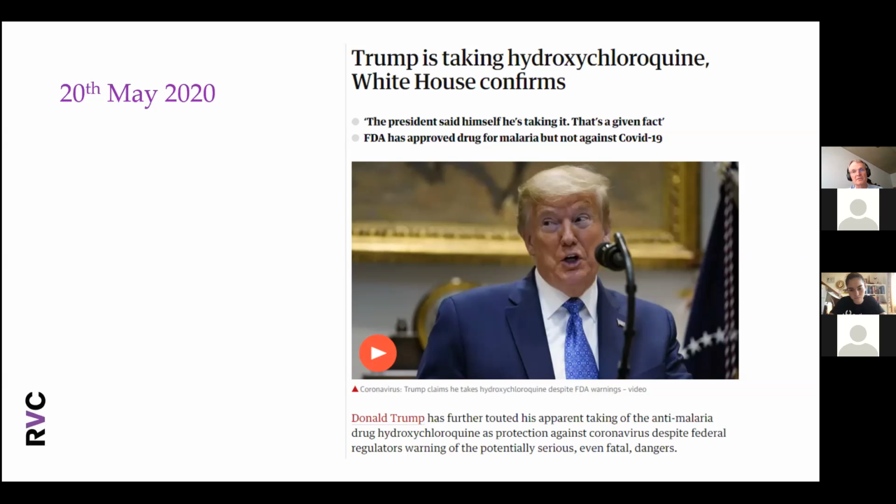But relatively early on in the outbreak, he announced that he was taking this drug, hydroxychloroquine, and he said that there was good evidence to suggest that it was effective, and particularly effective in what they called post-exposure prophylaxis.